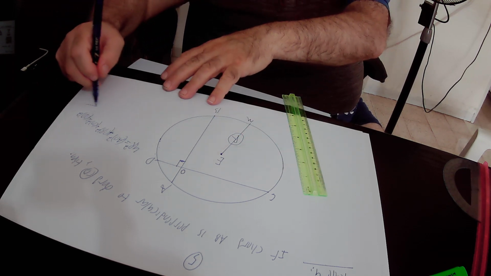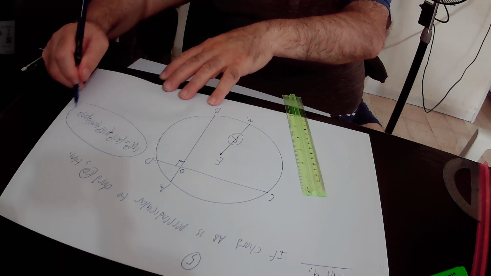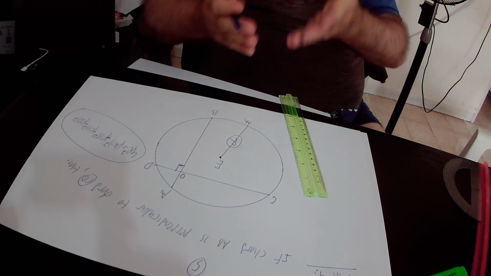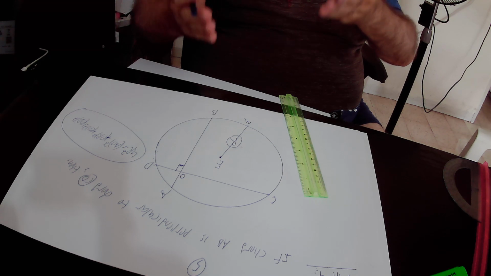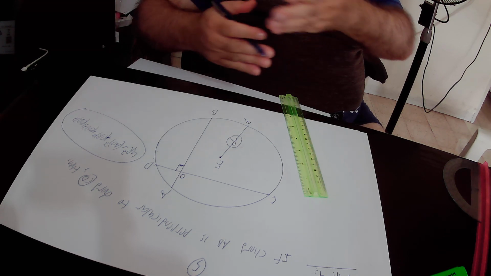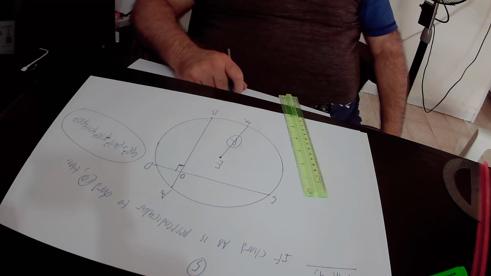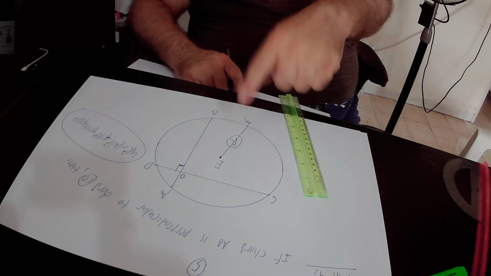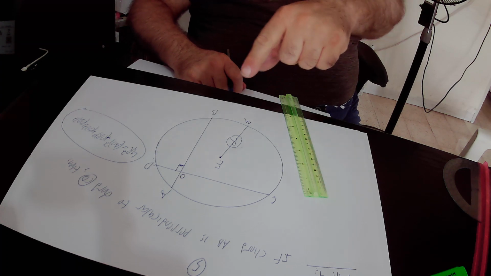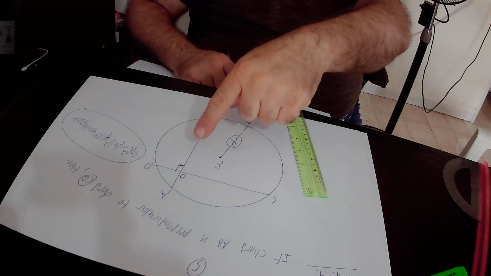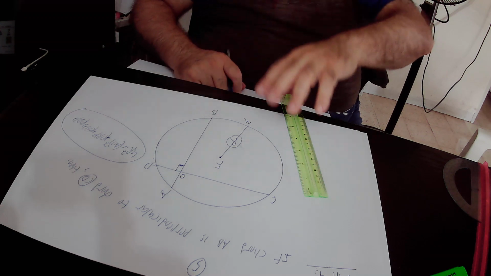Okay, so whenever you have two chords that are perpendicular to each other, you can find the radius of the circle that contains the two chords by using this formula. 4 times R squared, R is the radius of this circle, is equal to AO squared plus OB squared plus CO squared plus OD squared.